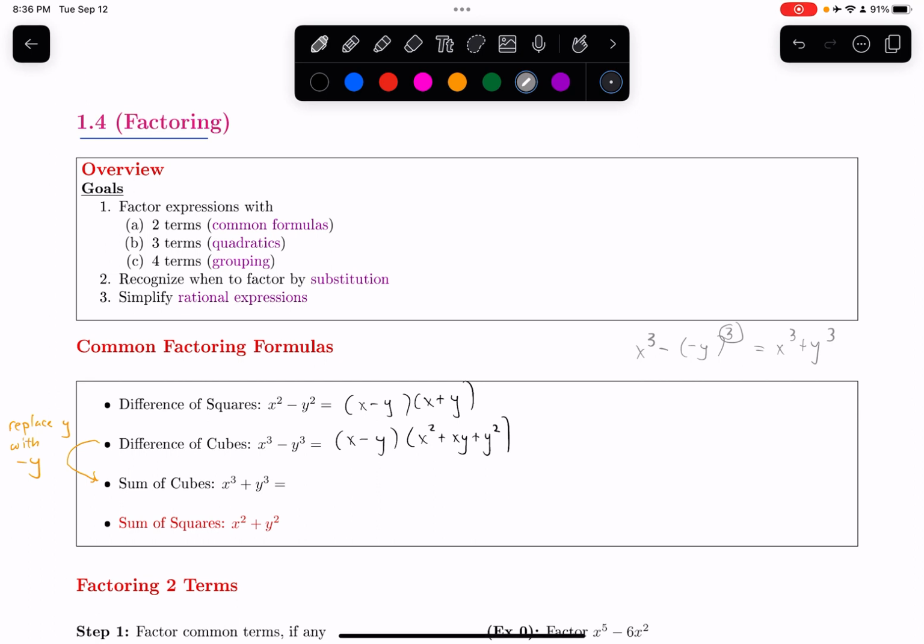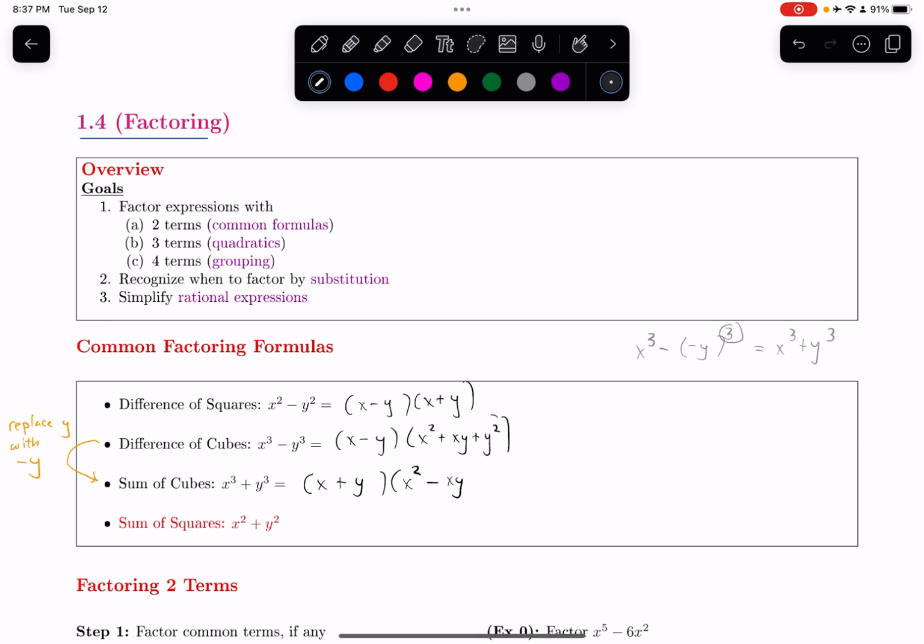Okay, so I'm also going to do that on the other side of the formula. Anywhere there's a y, I'm going to replace it with negative y. So I'll have x, and then this y changes to a negative y, and with this other negative in front, it'll change it to a positive. So I'll get x plus y. In the second parentheses, I'll have x squared, and then I'll have x times negative y, and that'll give me minus xy.